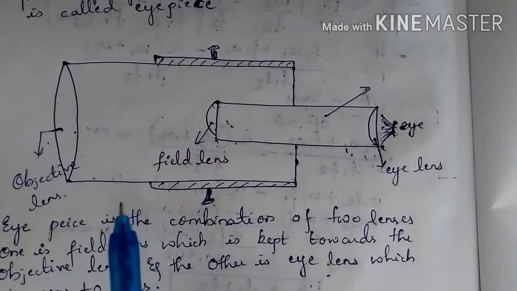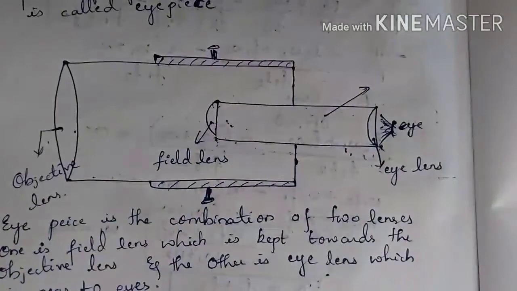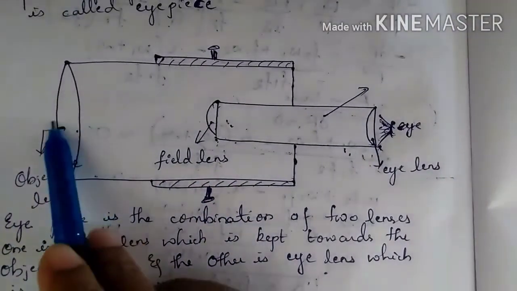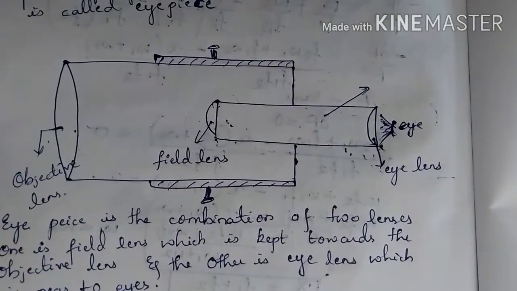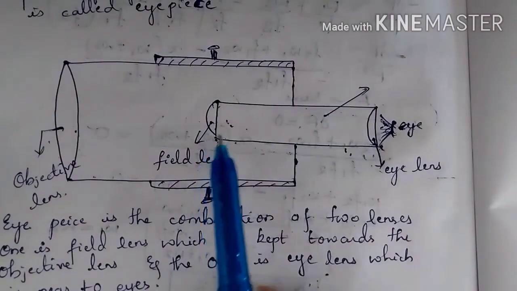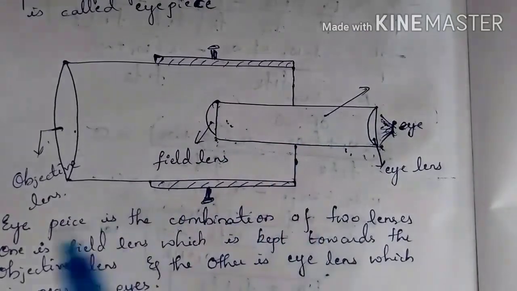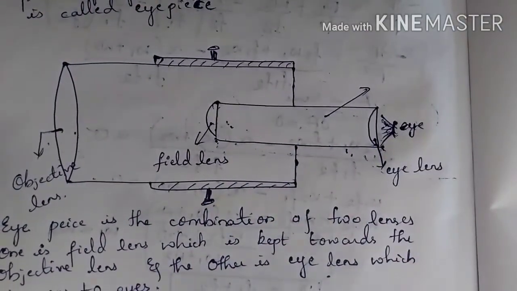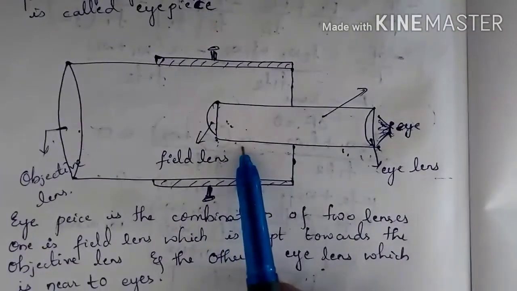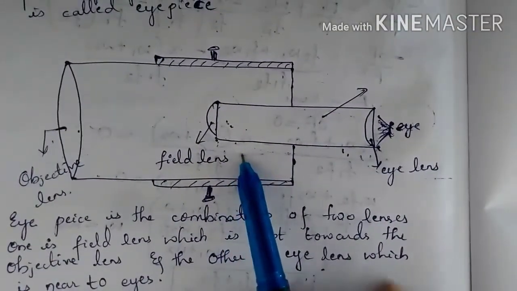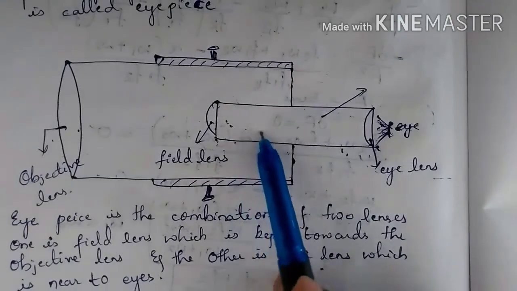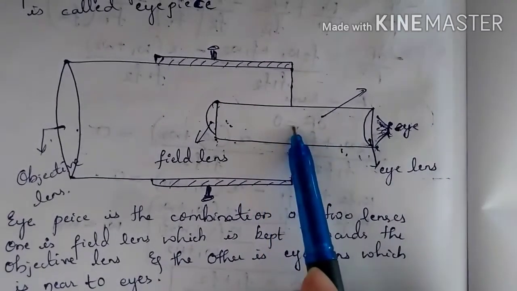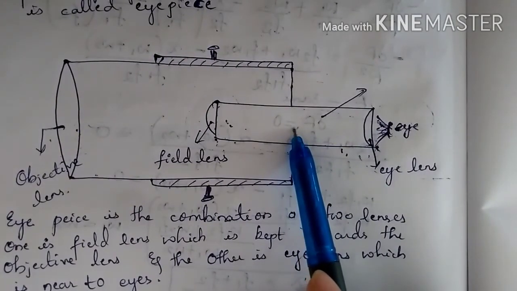The function of the eyepiece is to enlarge the real image that is formed by the objective lens, so that the final image will be free from various aberrations and can be seen by the eye. So this eyepiece can eliminate the aberrations, basically the chromatic aberration and the spherical aberration.